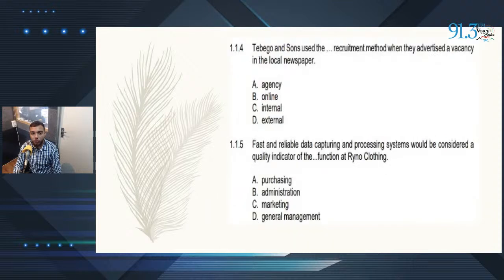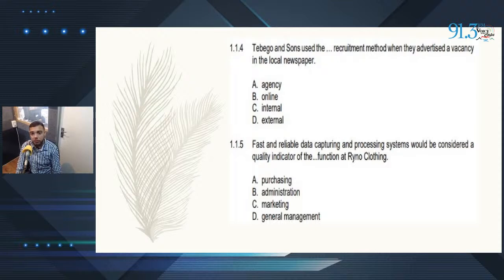We now move over. 1.1.4, Tebogo and Sons used the recruitment method when they advertised a vacancy in the local paper. In the newspaper, that is outside of the business, which means the answer is D, external.